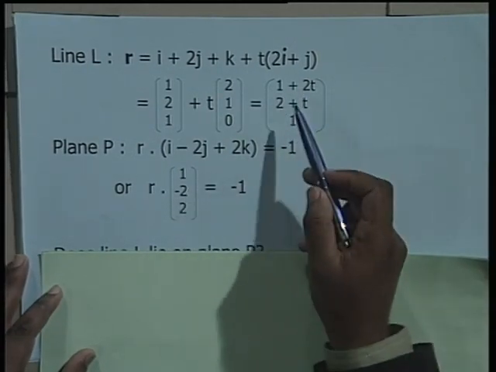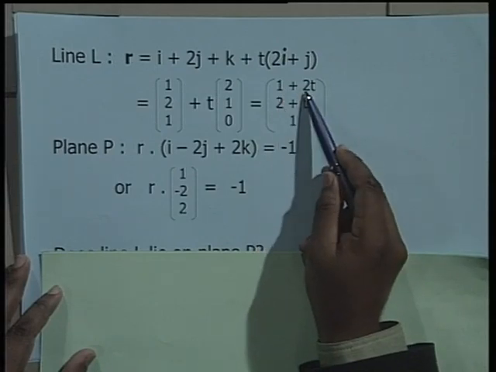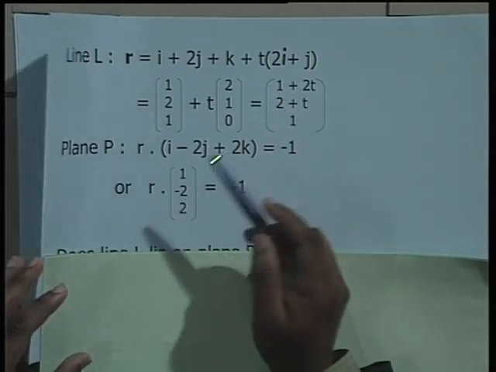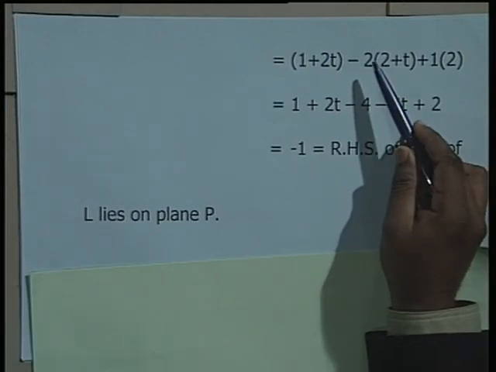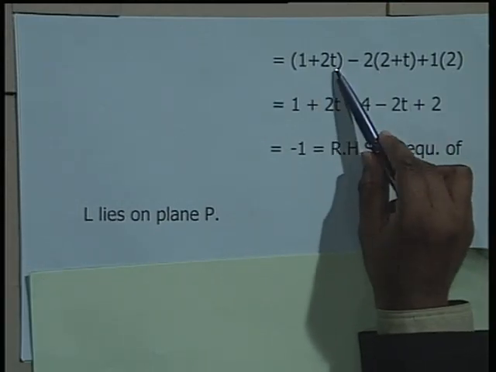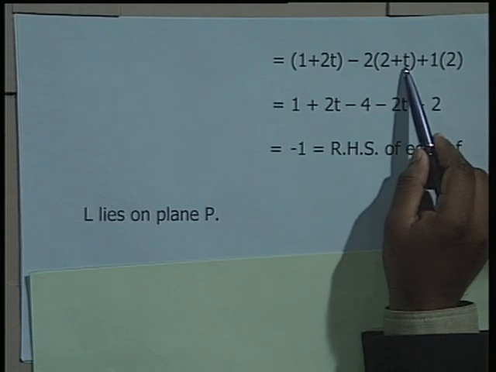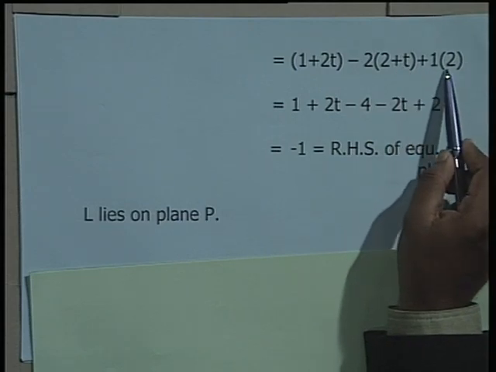We'll carry out the dot product by replacing r by (1 plus 2t, 2 plus t, 1).